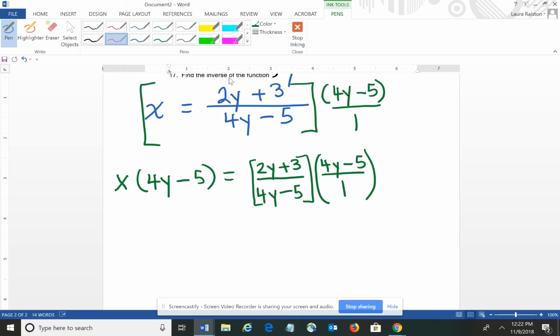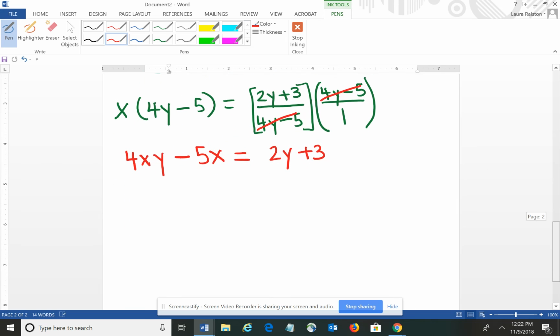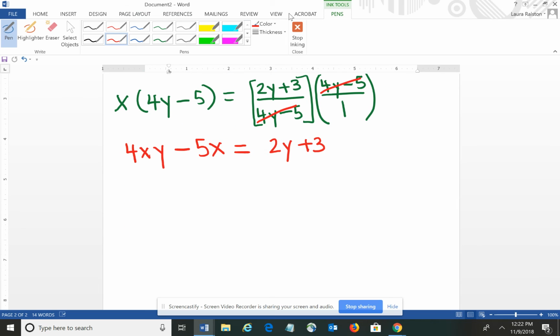When you do that multiplication on the right side, on the left side, you have 4xy minus 5x equals, the 4y minus 5 in the denominator and in the numerator divides out, and I'm left with 2y plus 3. Keeping in mind, my goal is to solve for y. The next step, I need to get all the y's together and everything else together.